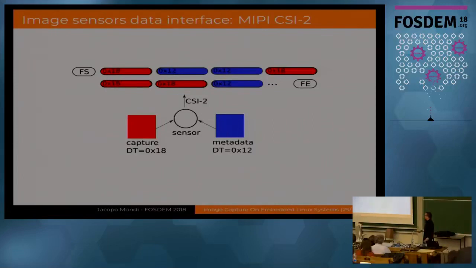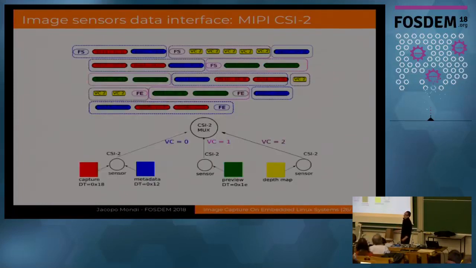The sensor interleaves them on the physical bus using data type. So you will have a short packet saying here starts a frame, a long packet of data which is actually the image, and then a long packet of data that says this is metadata. And the receiving side knows, using data type, how to handle that, how to split them and present them in different places in user space.